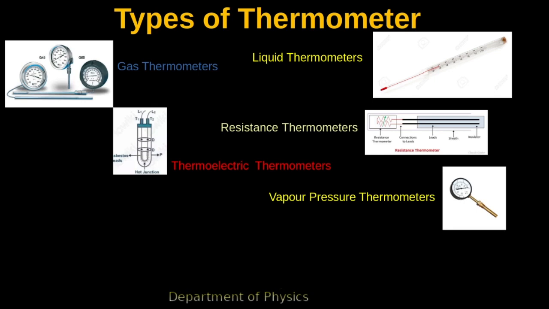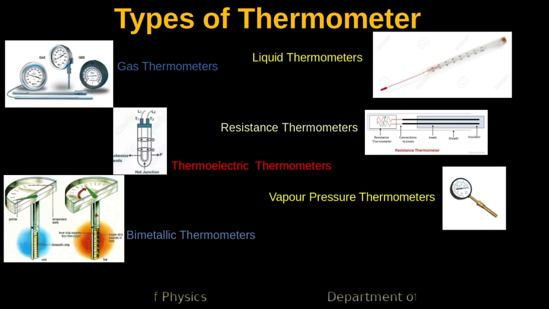Then vapor pressure thermometers. These are based on the principle of change of vapor pressure with change in temperature. These are used to measure low temperatures, like the helium vapor pressure thermometer. Bimetallic thermometers are based on the principle of expansion of solids.